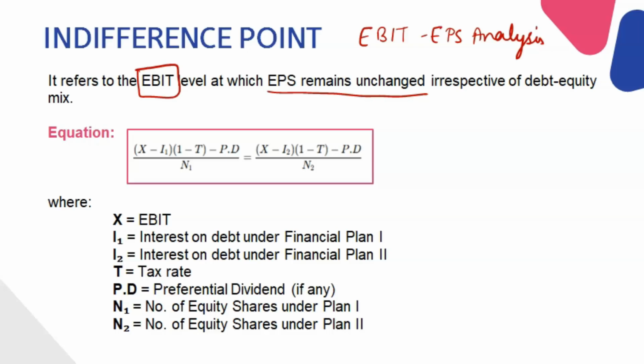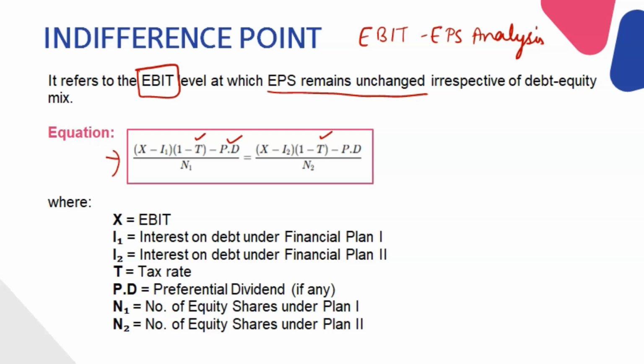For solving these types of questions, we have this equation: (X minus I1)(1 minus t) minus PD, divided by N1, equals (X minus I2)(1 minus t) minus PD, divided by N2. Here t is the tax rate, so t will remain the same.